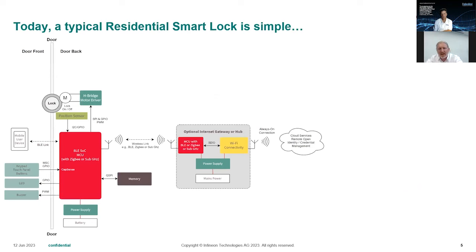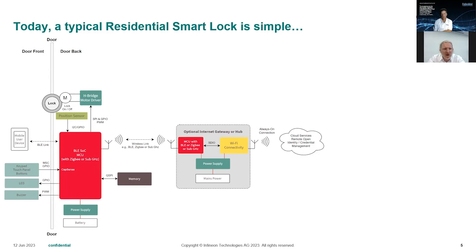But then if we go back and look at a typical system block diagram of a residential smart lock, today it's relatively simple, right? I'm just showing here on the left a split between what's in the door front or what's in the door back.